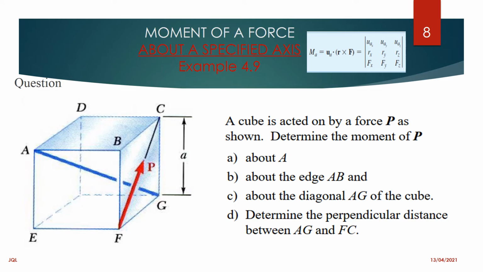It's asking you to find a moment about a line which is AB, and also about the diagonal, which is also a line, AG. It is also trying to make you think to determine the perpendicular distance between AG and FC.